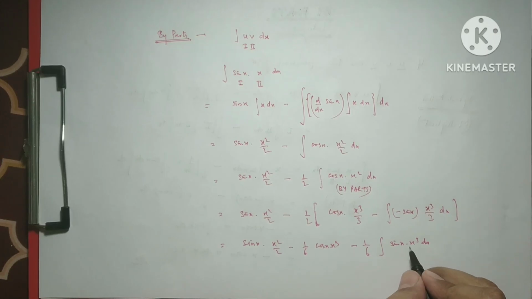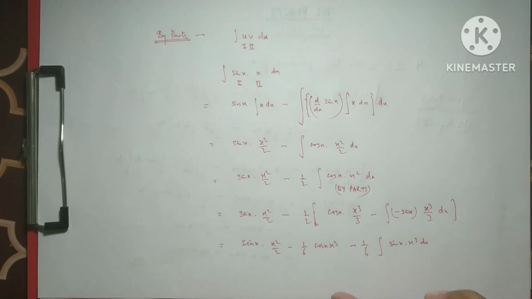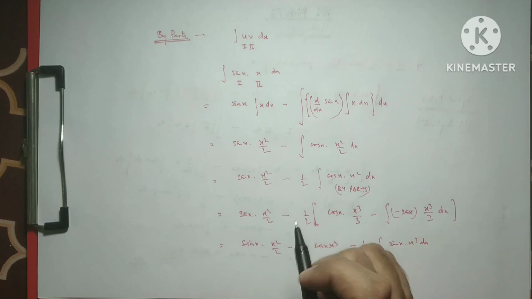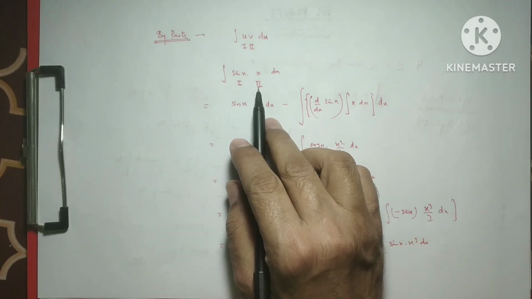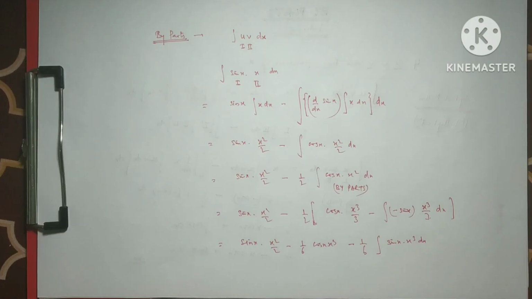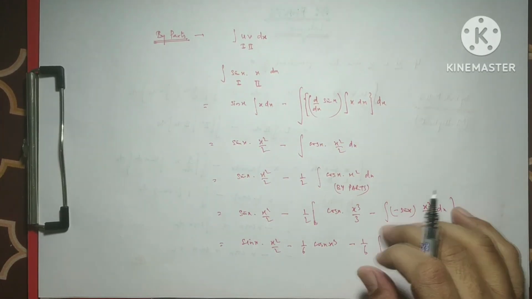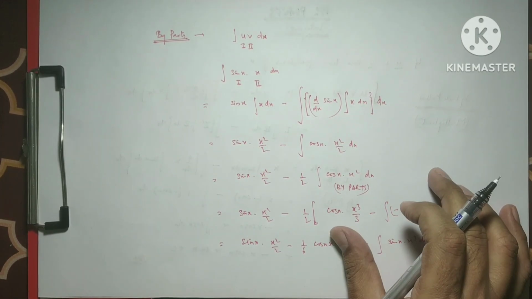Again we have the product of two functions. Right now we use by parts once again, and again it will not be completed. So this is the main, or you can say the greatest, problem: if we change the order and use the by parts method, this is the major problem of this integration.